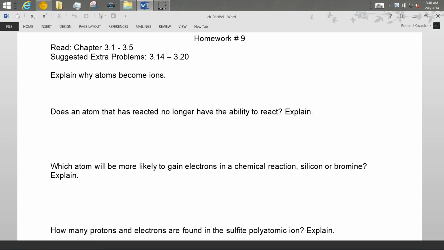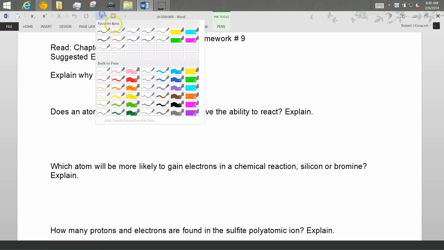Atoms, ions. So why would an atom, it's all happy with equal numbers of protons and electrons, why would that atom want to change its number of electrons? Stable? Okay, so we're looking for stability.